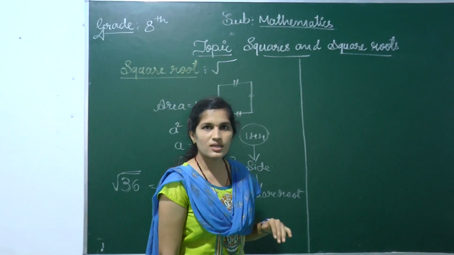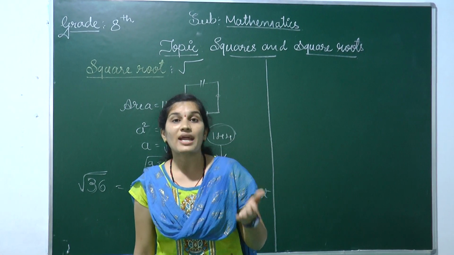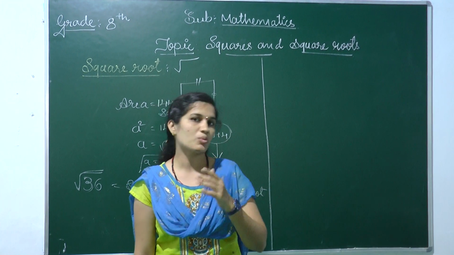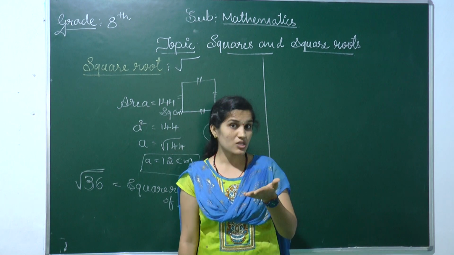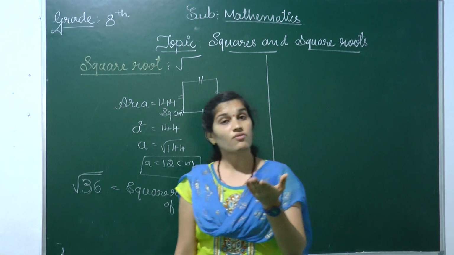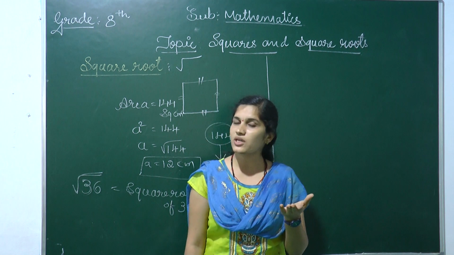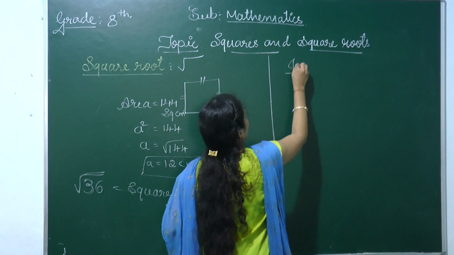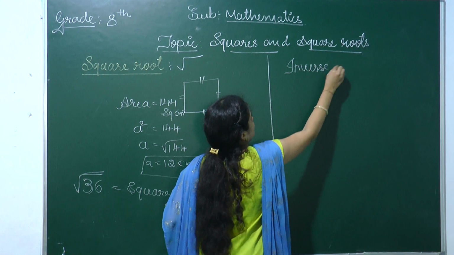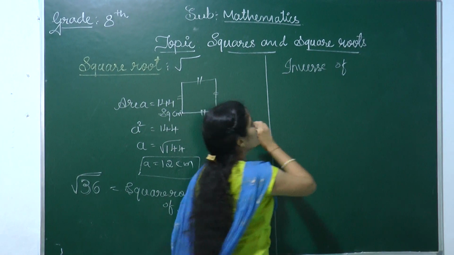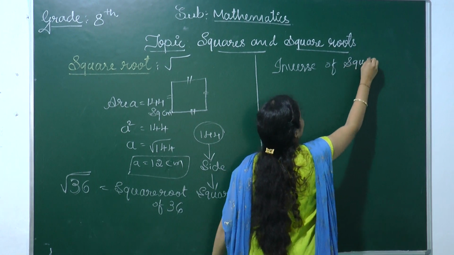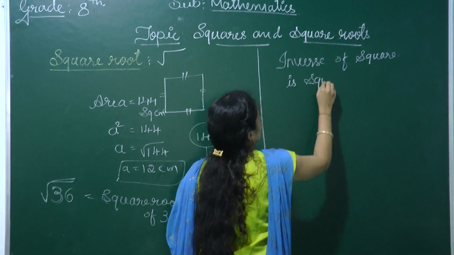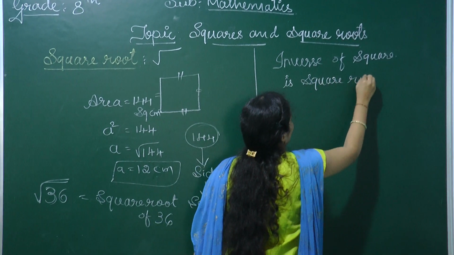We already know that the inverse of addition is subtraction, the inverse of subtraction is addition, and the inverse of multiplication is division. In your 7th standard you might have learned this. Like that, the inverse of square is square root.